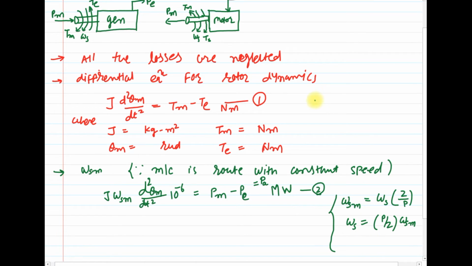Omega Sm is the rotor speed in radian mechanical per second.